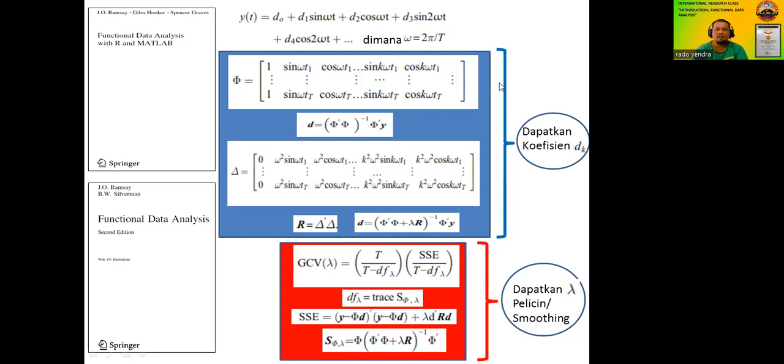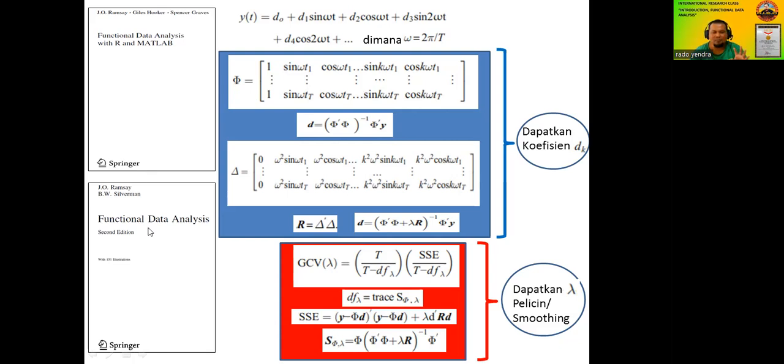Okay, all the information about functional data analysis you can find in two sources. The first source is the book titled Functional Data Analysis with R and MATLAB. In this book, you can understand very clearly how R software solves problems in functional data analysis.